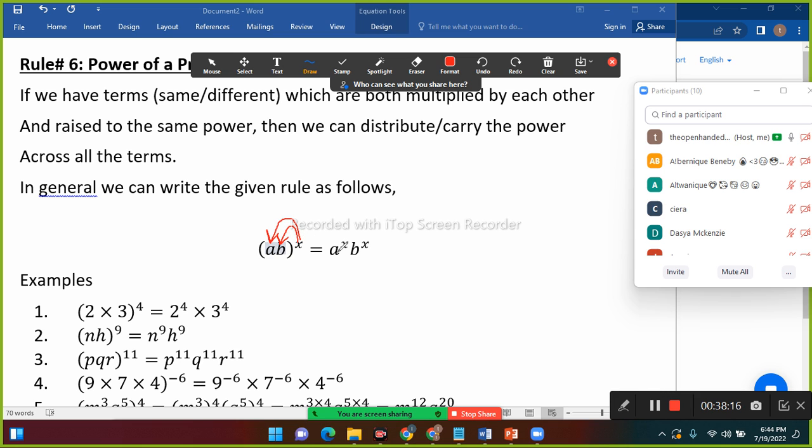So it's going to be a to the x times b to the x. We take the power and distribute it to each particular term. So if we have 2 times 3, all raised to the 4th power, it's going to be 2 to the 4th power times 3 to the 4th power. Just like how we have it there.